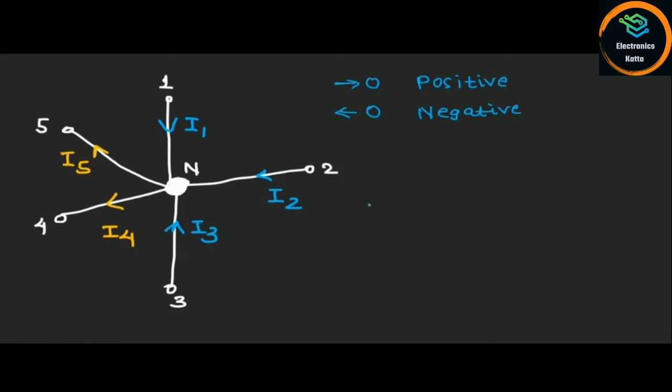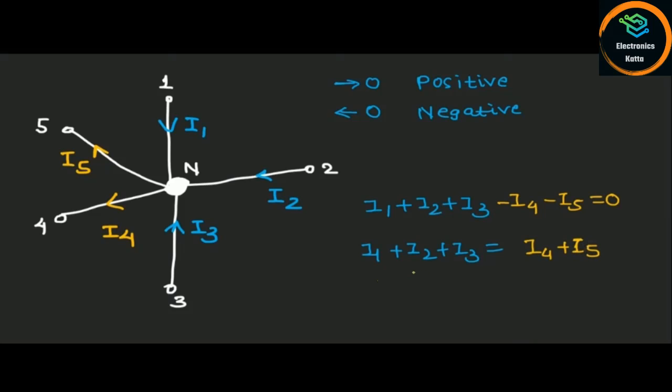So we can write I1 plus I2 plus I3 minus I4 minus I5 is equal to 0. Or we can write it as I1 plus I2 plus I3 is equal to I4 plus I5. That is, the currents entering the node are equal to the currents leaving the node.